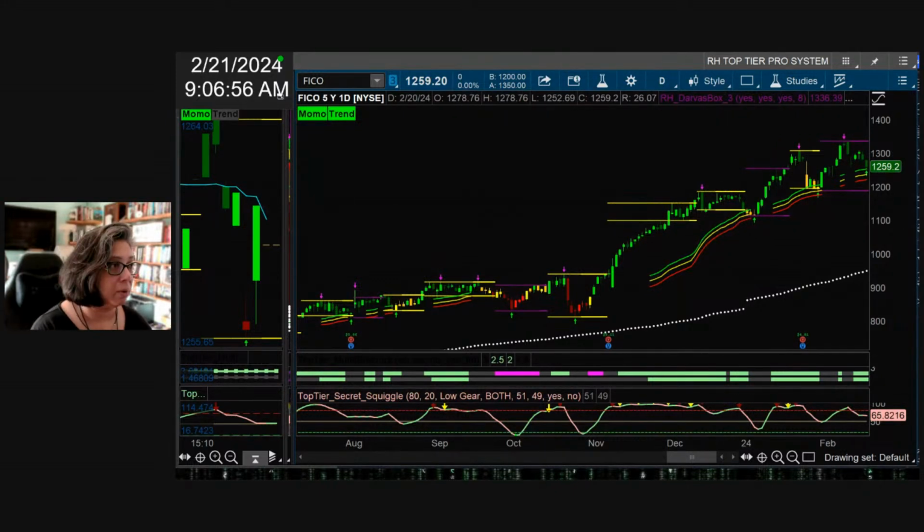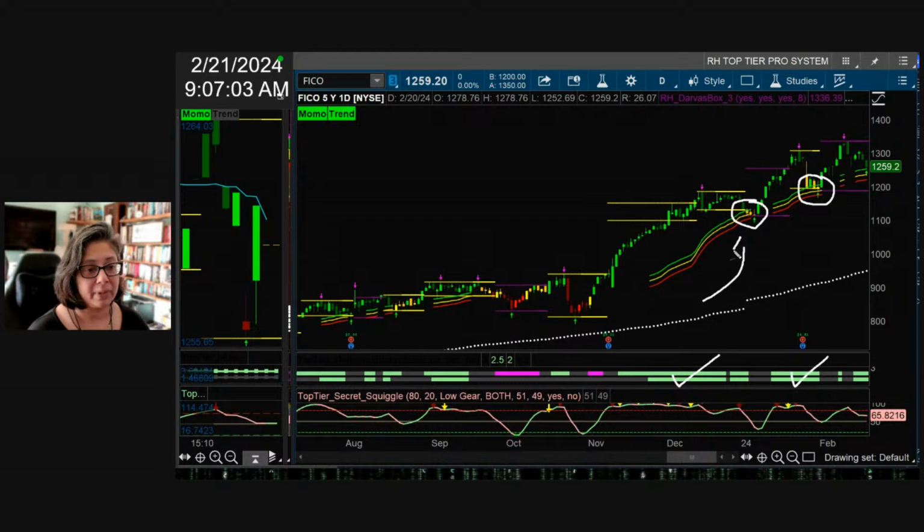Even if I don't know what a stock is, even if it's something that I do not regularly trade because it's not part of the weighting of the sectors or the indices that move the market, I mean, structure is structure, psychology is psychology. So yeah, I would say as long as we're for the most part in an uptrend, that's what dip buys look like. So that is what FICO is showing on my charts.